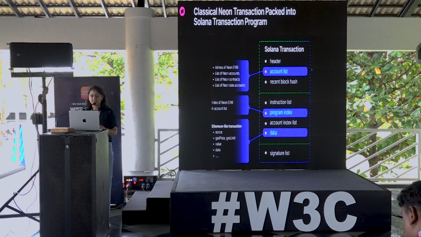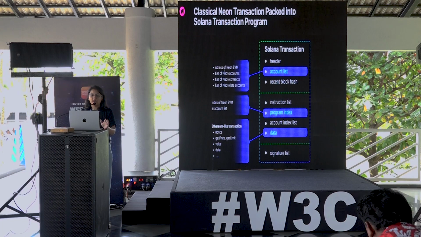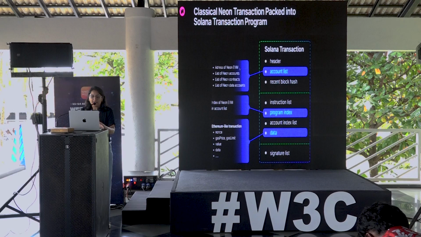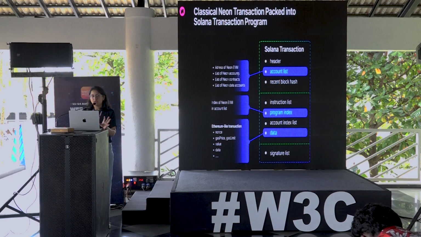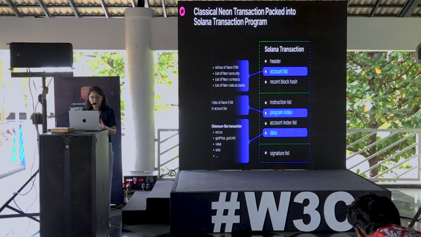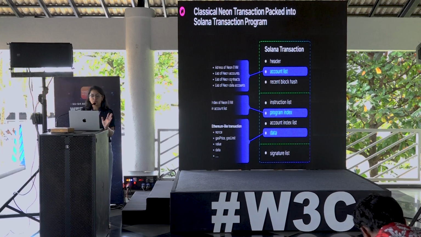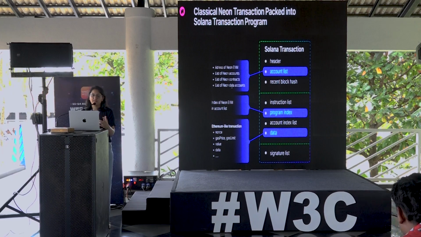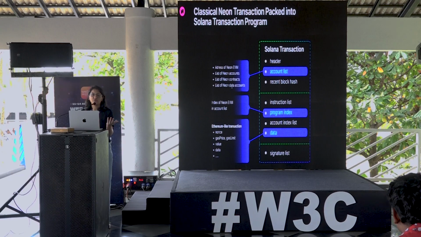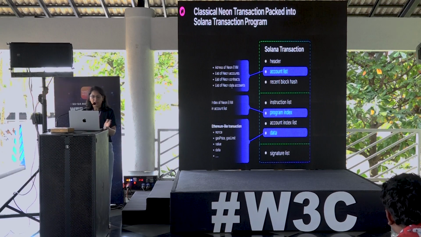This Solana transaction has an account list, which consists of the address of the NeonEVM contract that we have deployed on the Solana blockchain. It has a list of Neon accounts responsible for managing the storage of the contract. It has a list of Neon contracts that are actually deployed from the user's end, and it has the Neon data accounts, which are responsible for holding the contract data over the Solana blockchain.